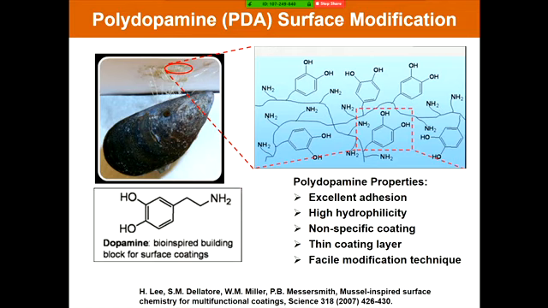And Messersmith and colleagues found that the mussel adhesive plaque was rich in catechols and primary amines, and these were on the amino acids that were expensive for the organism to produce. And they reasoned that these compounds or structural features might be important in how this bioglue worked.